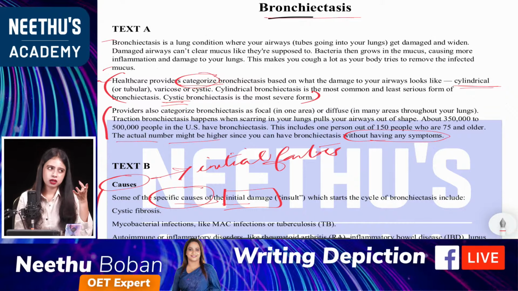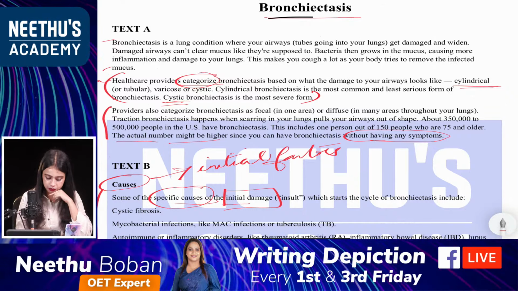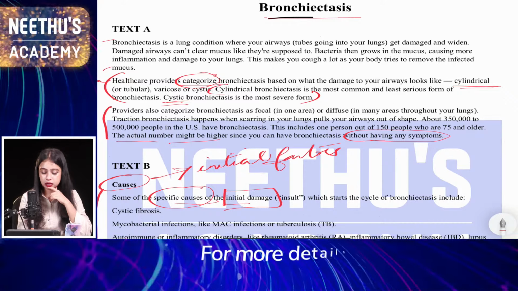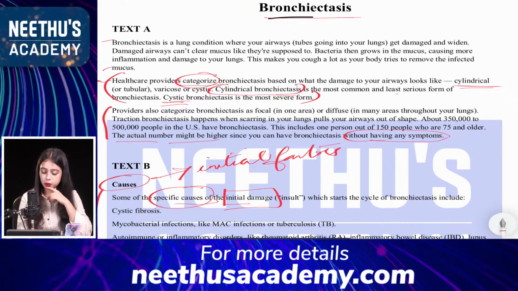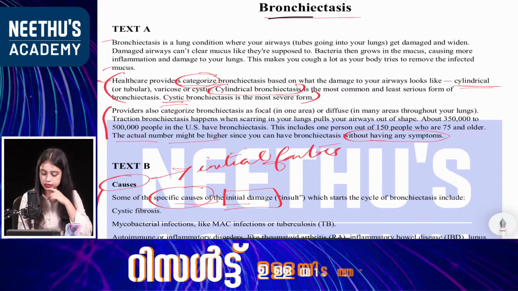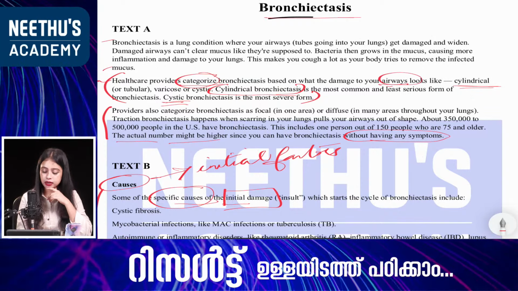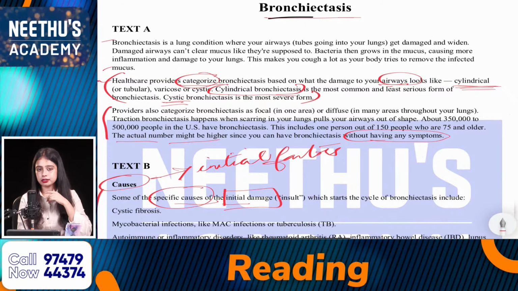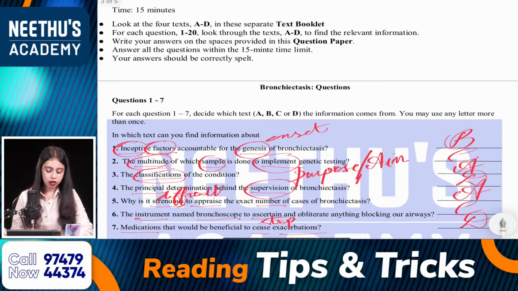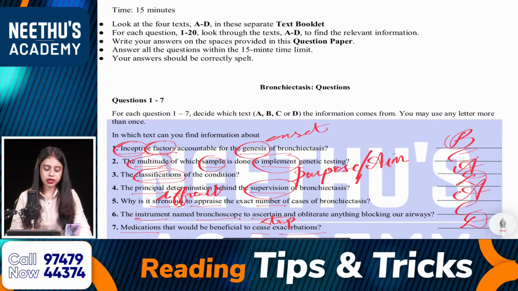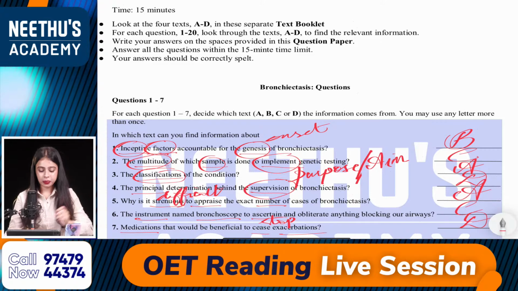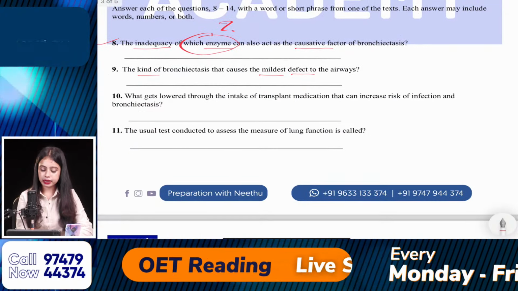Cylindrical bronchiolitis is the most common and least serious form of bronchiolitis, and it can affect your airways. So the answer is cylindrical bronchiolitis, from text A. Very good, Vaishnavi. Anu, Reshma, Caroline, Shiji, Jissa, Vaishnavi, correct answer. And what about the 10th one?